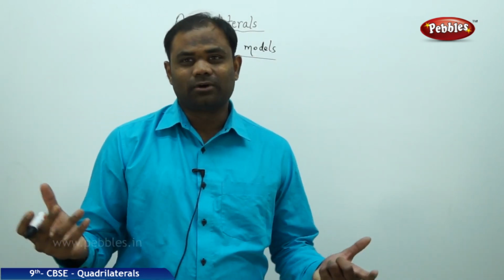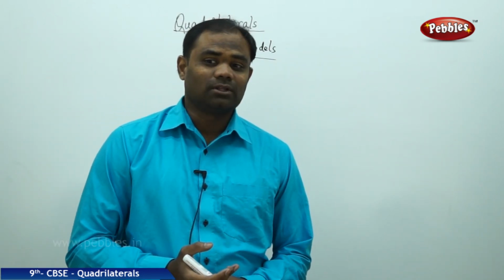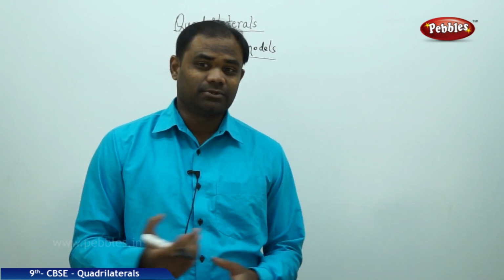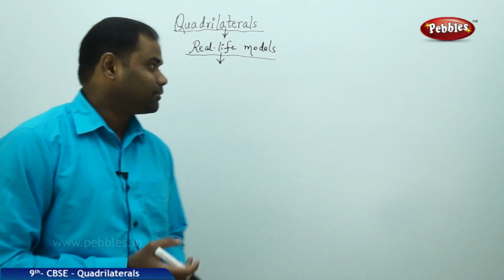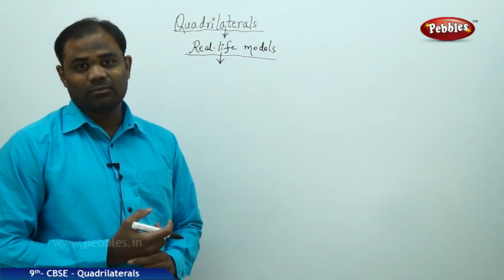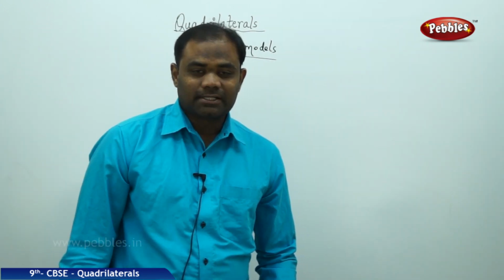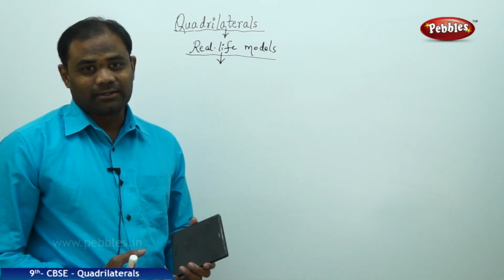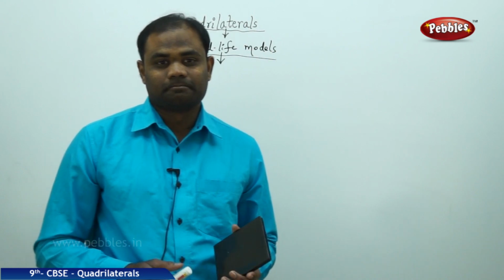Let's take different objects and see how the quadrilaterals are in different shapes in the given situations. Quadrilateral connected with real life models. Now let's see some real life models which help us understand quadrilaterals in a better manner.